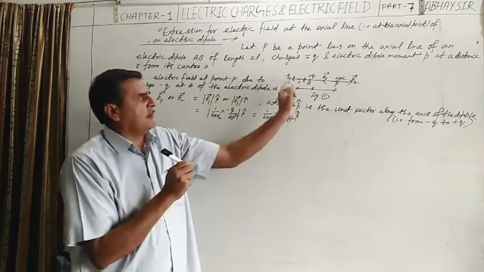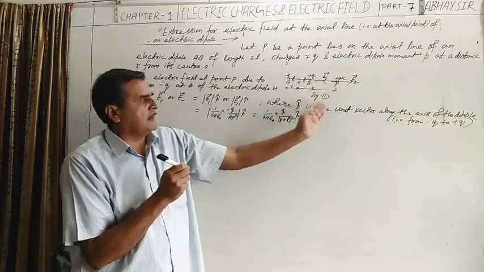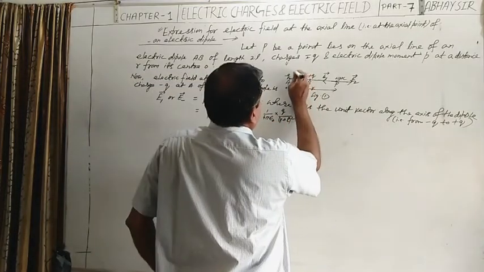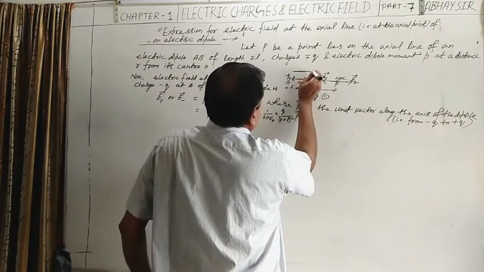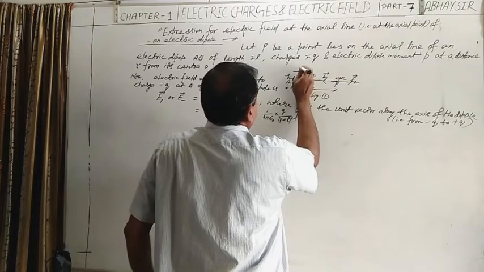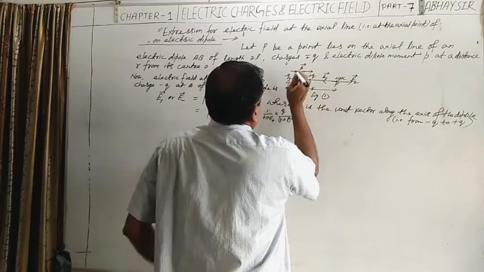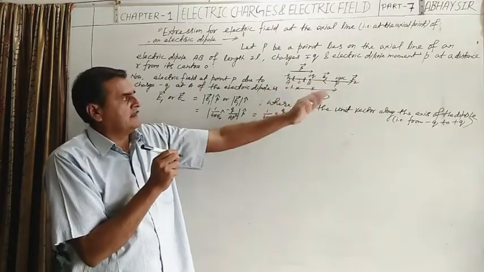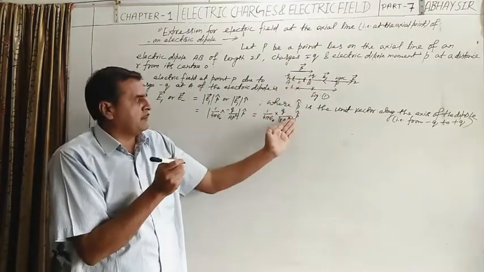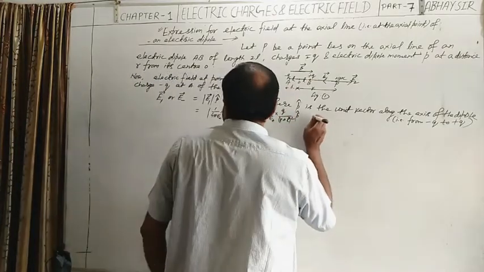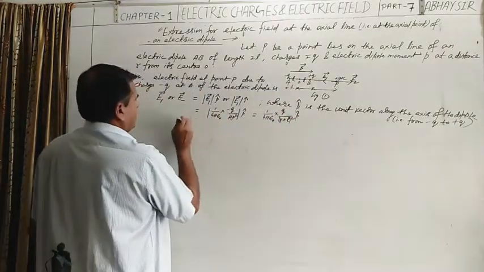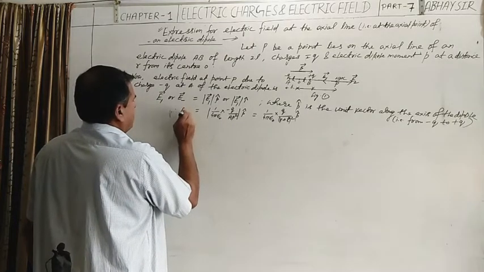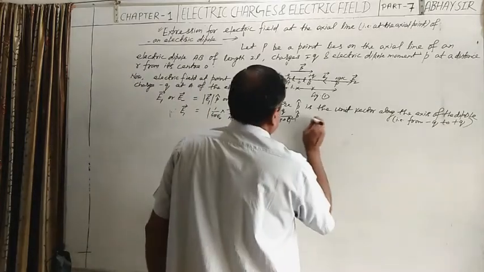P cap is the unit vector along the axis of the dipole, from minus q to plus q, that is along the direction of the electric dipole moment vector. Direction of electric dipole moment vector is from minus q charge to plus q charge, and along the axis of the dipole the unit vector is P cap. This is equation 1.